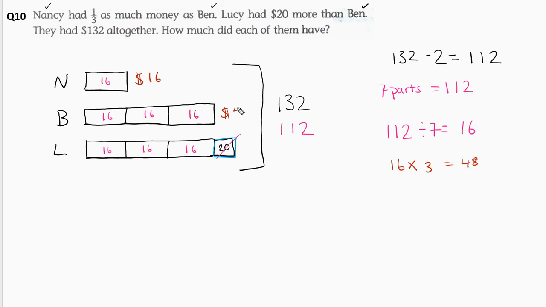So that's $48. And what has Lucy got? Well, she's got the same 16 times 3, hasn't she? So she's got 48 plus the 20, which is 68. So that 68 is how much Lucy has. Okay, and that's it.